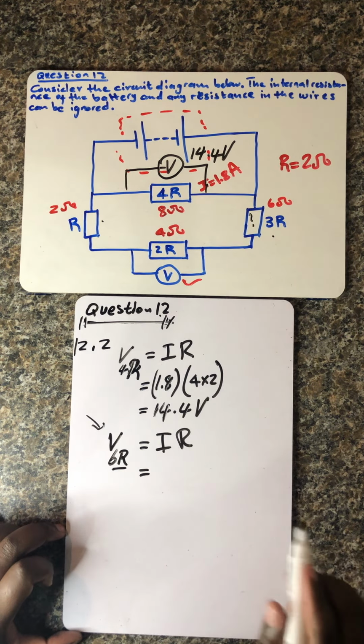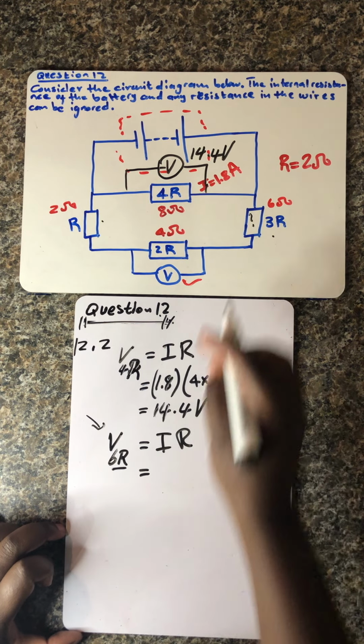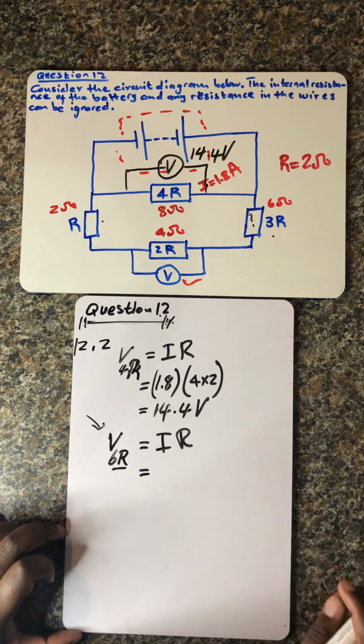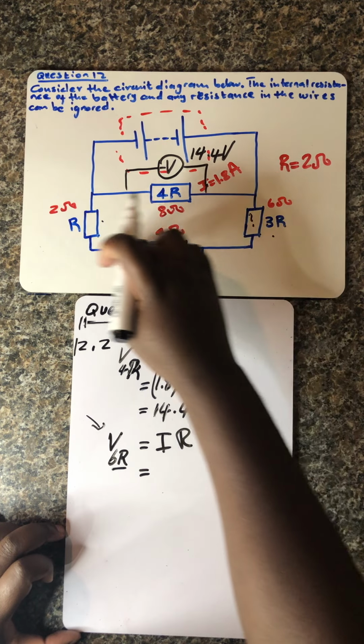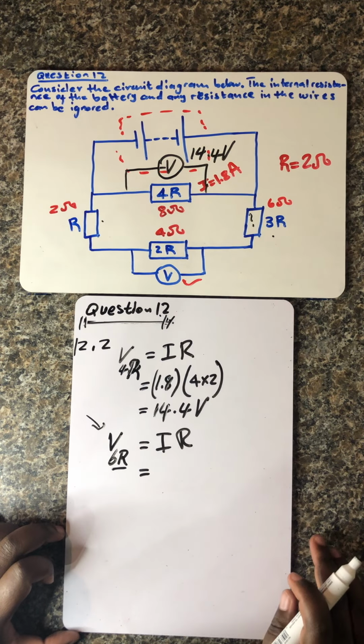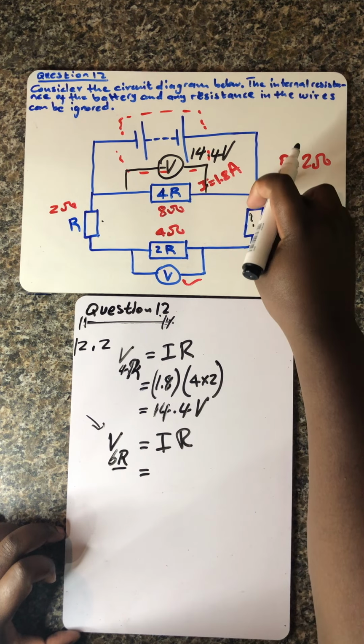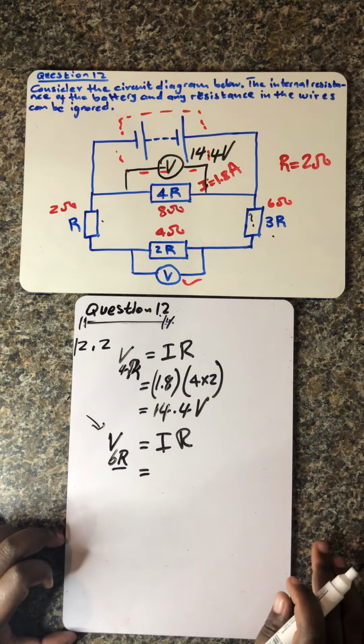Guys, what is now the current flowing through that side? Very, very important, ladies and gentlemen. We don't even know the current flowing through that R. So that means we're actually trying to calculate the current flowing through that side, that 2R.